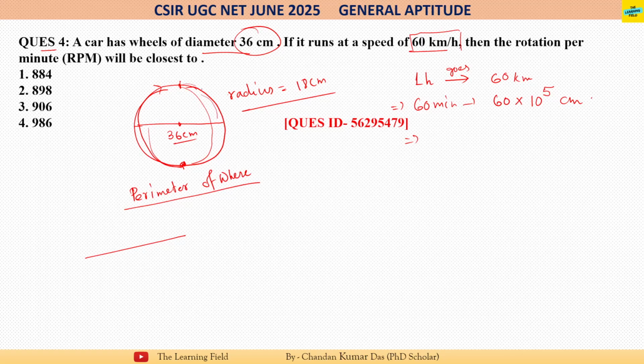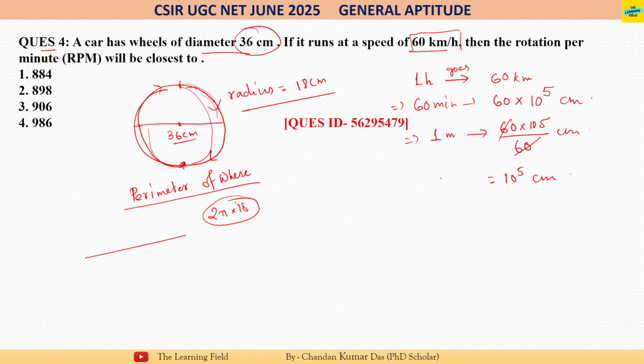One complete rotation means this is its one perimeter distance covered. So the perimeter is 2 pi into 18. So 60 minutes, that means in 1 minute, this covers how many centimeter? 60 into 10 to the power 5 by 60 centimeter. That means this is equal to 10 to the power 5 centimeter.